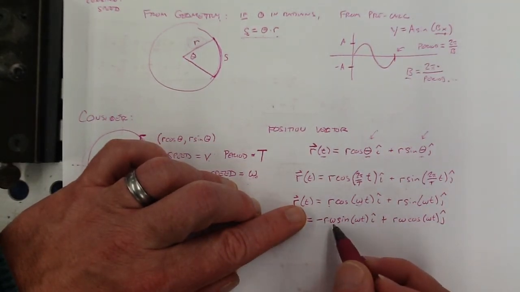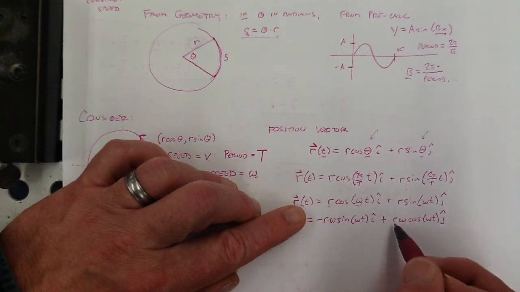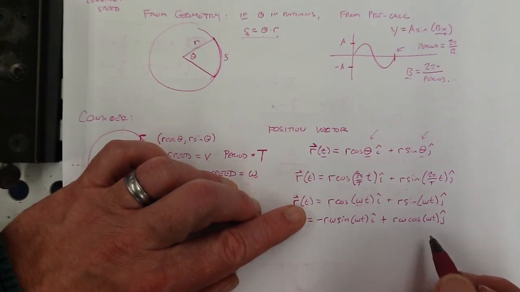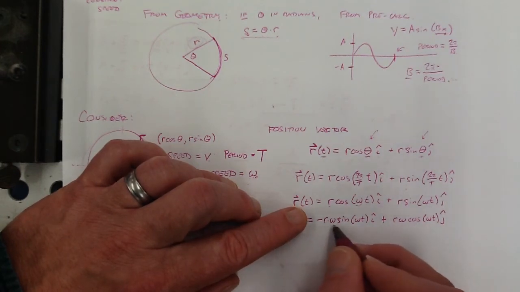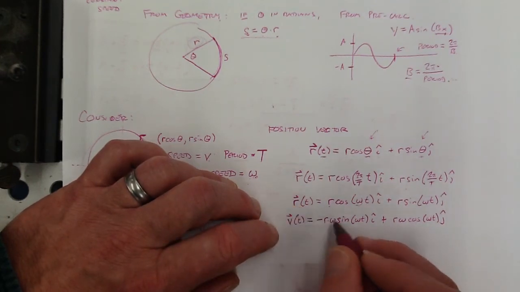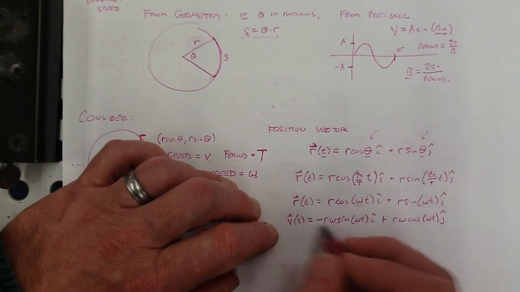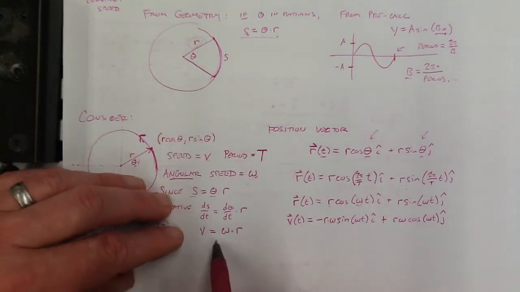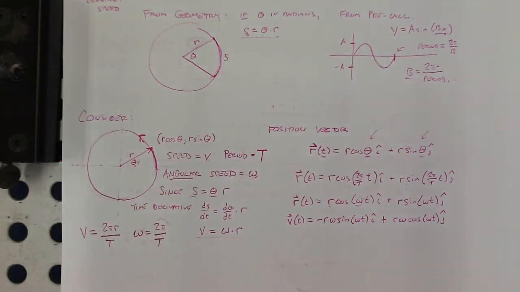You'd get r squared omega squared sine squared, r squared omega squared cosine squared. You could factor off the r squared omega squared and then take the square root of that. So after a couple of brief algebra steps, you just get r times omega. But of course we knew that already. So that jives with that.